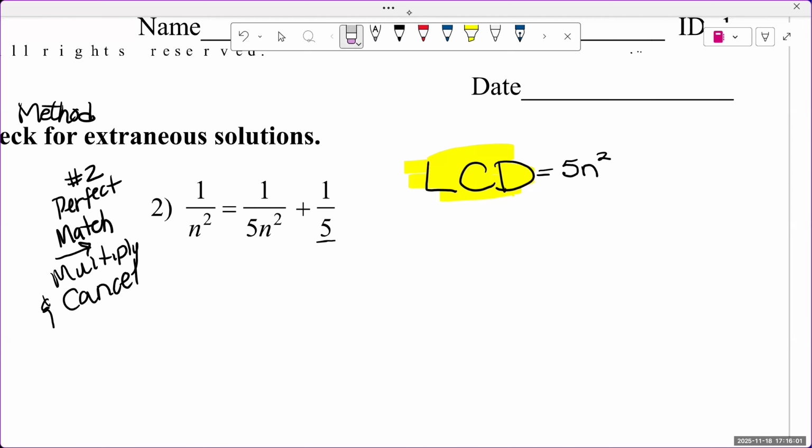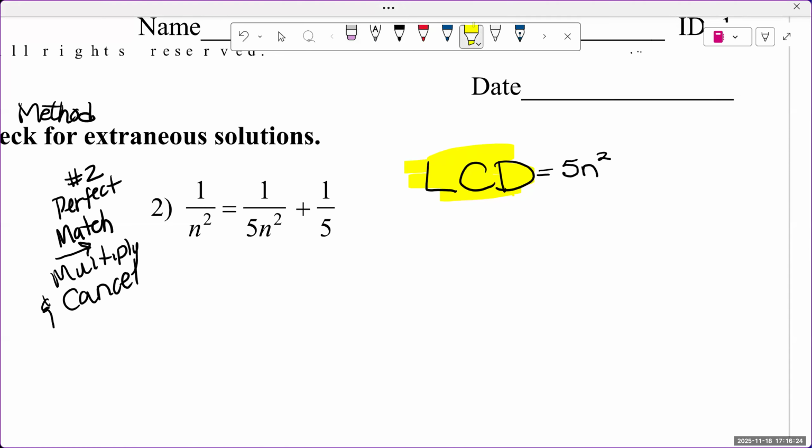Is the 5 represented? Yes. Is there anything in any of those denominators that did not get represented? No. Okay, so we could just multiply all the tops by 5n squared, but we're going to do this little trick. You might hate it, and you might want to just multiply by 5n squared and move on.